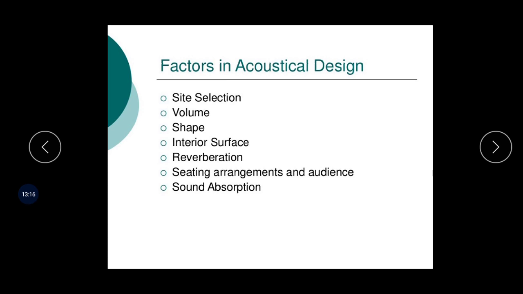So in order to avoid interfering echoes, effective ceiling and wall reflections should be within 8 meters of the sound source. So from the sound source, you try to provide the reflected sound within 8 meters. So you have to plan it within 8 meters. If this happens, your acoustical design will be in proper condition.